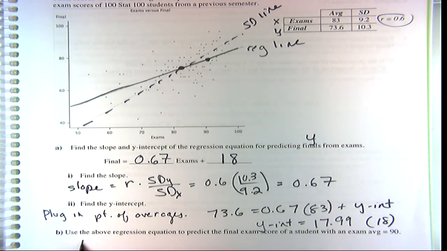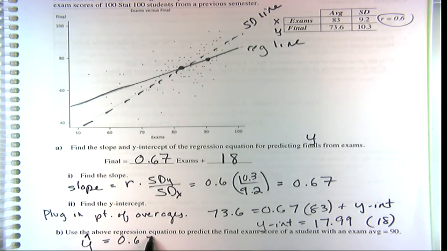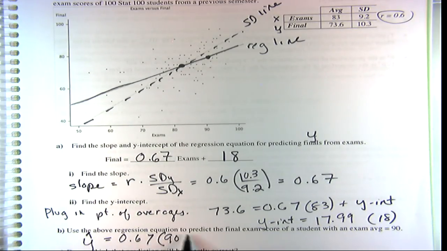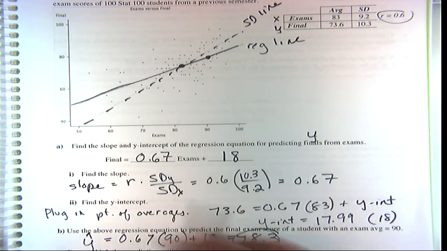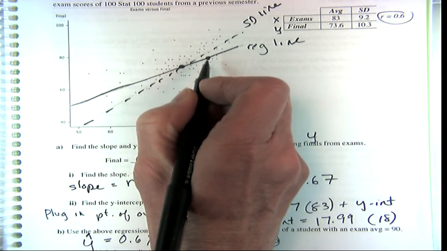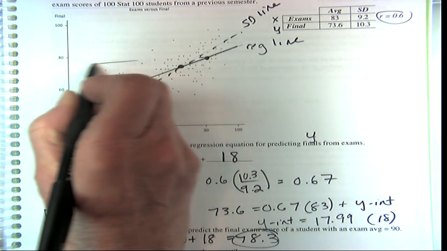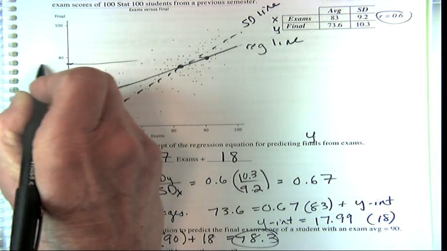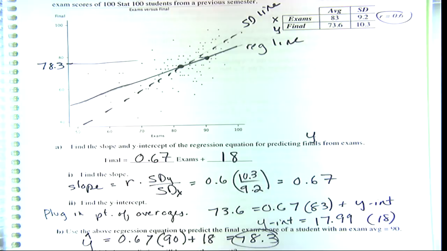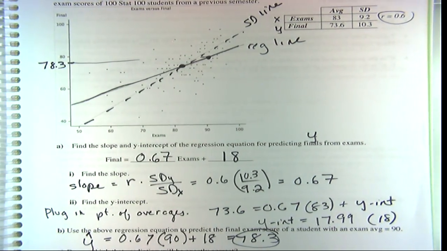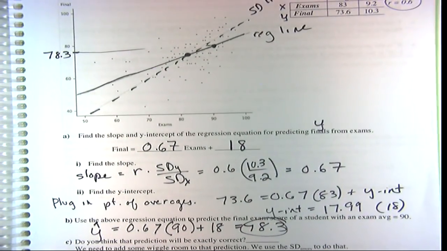Our predicted y, we call y hat, is equal to 0.67 times 90 plus 18, and I got 78.3. So that point right there is 78.3. That's our prediction for that person. Any questions so far?